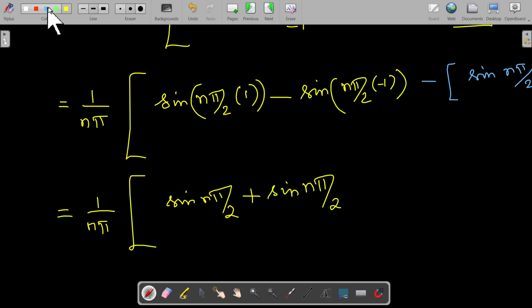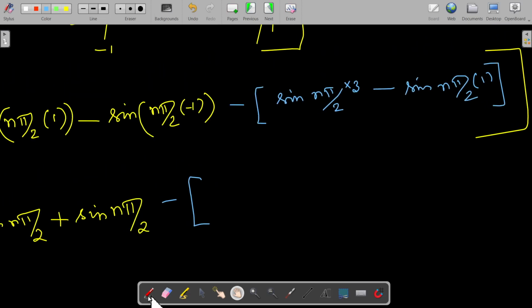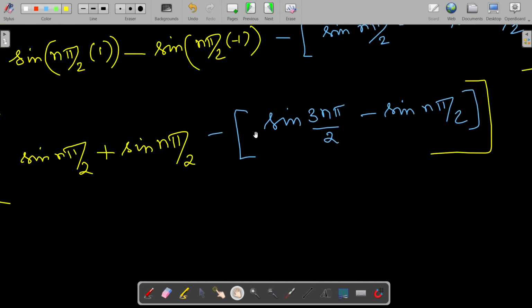Then here you have the second term, minus of sine of 3nπ/2 minus sine nπ/2. So when you do the multiplication with this minus within this bracket, it becomes minus sine 3nπ/2, and this becomes plus sine nπ/2. So I am changing the signs and all. Okay, so this becomes plus.